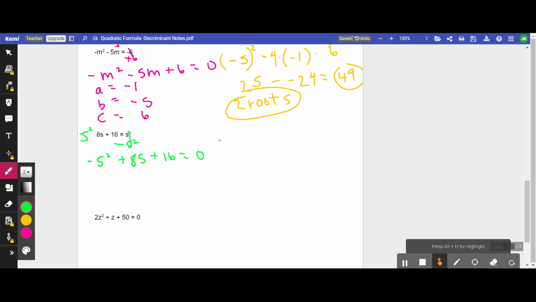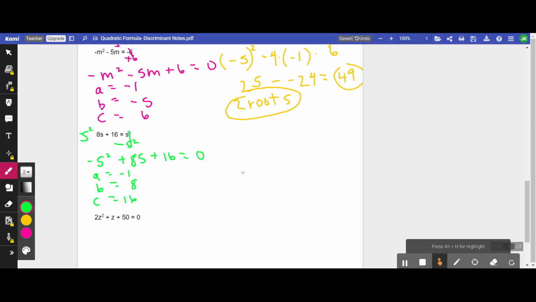Now that all your terms are on the same side, you can figure out your a, b, and c. Your a is the coefficient of your x squared terms. Here it's negative 1. Your b will be the coefficient of your x term, so 8. And then your c will be 16.